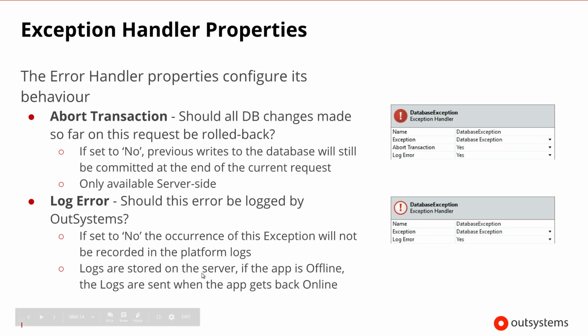Logs are always stored on the server, but if we're working in a mobile app and that app is currently offline, it will store it in local storage, and then it will send those logs back when the app gets back online, so that the server will eventually get the information about when and how that particular error occurred.